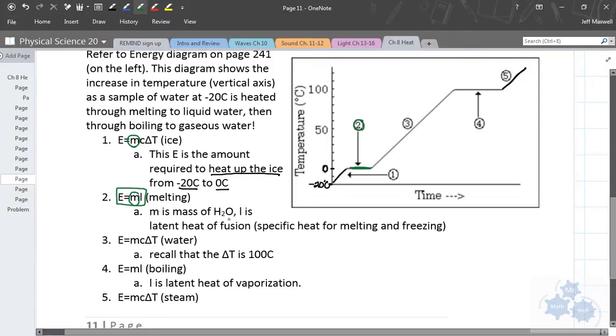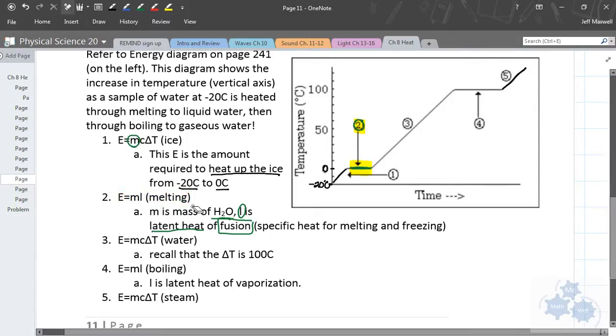We use the mass of the water, and L, of course, is this new latent heat constant, the latent heat of fusion. So section number 2, this flat part of the curve, we need to calculate the energy associated with melting of that ice. So we've got E equals mc delta T for 1, and E equals mL, the latent heat of fusion, for 2.